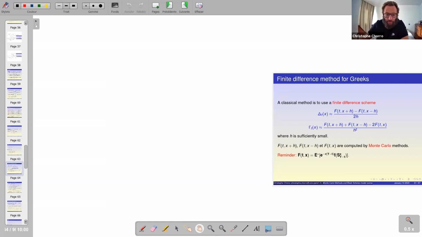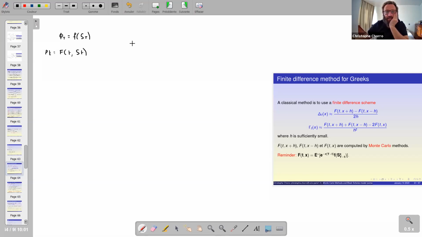If I have a contingent claim, let's say phi capital T, let's write it of this form here. The price is given by the price function, capital F, I have expressed, okay?